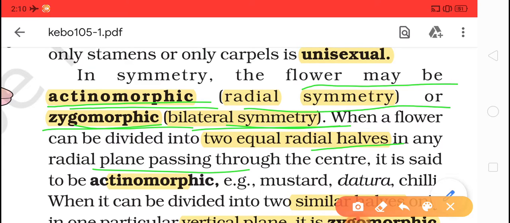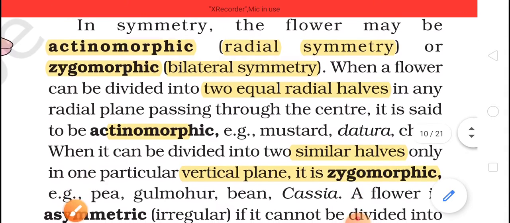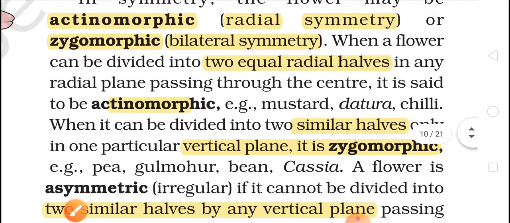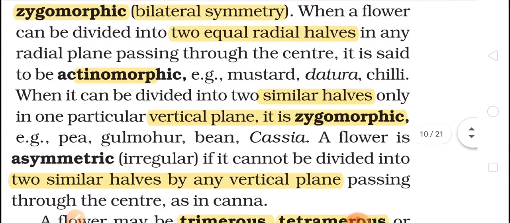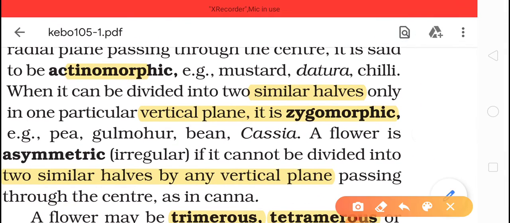See the examples, actinomorphic and zygomorphic. Actinomorphic are mustard, datura, chili. So mustard, datura, chili show actinomorphic, and zygomorphic are pea, gulmohar, bean. These are the zygomorphic flowers.